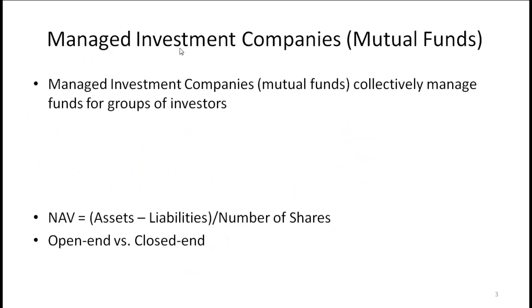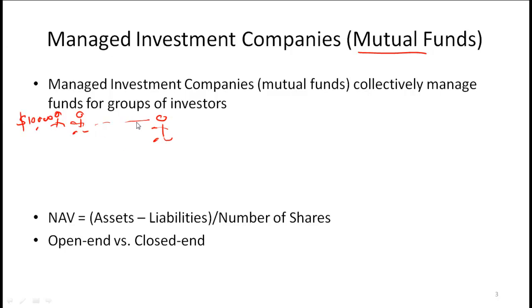So let's talk first about mutual funds. Managed investment companies or mutual funds collectively manage funds for a group of investors. Now, just to understand this through a very simple example, let's say that we have about 1,000 small investors. Each one of these has, let's say, about $10,000 to invest.